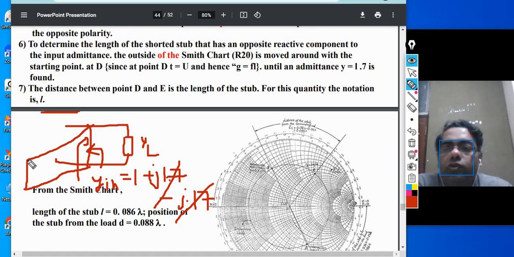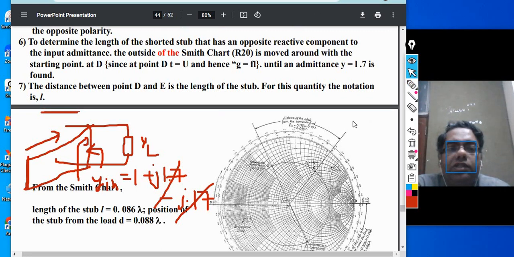So how to proceed? We will start from the short point and travel the distance, so that length we will travel, so that the admittance is minus j 1.7. So how will we accomplish this?